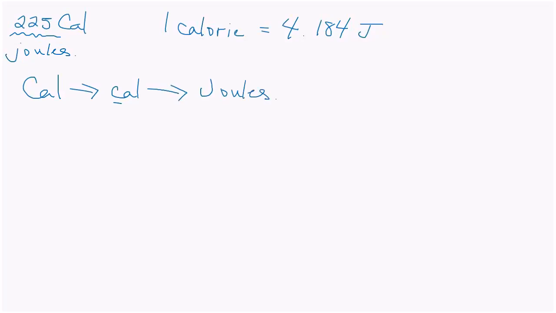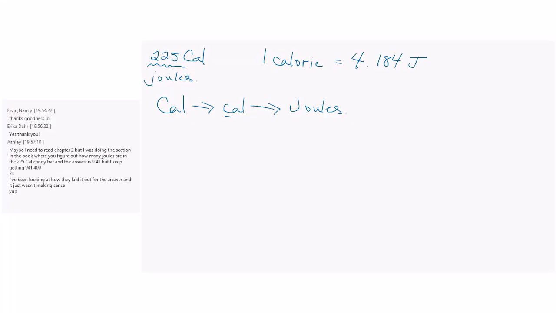Ashley, does that make sense so far? So big calories to little calories, and then little calories to joules, because we don't know how many big calories there are in joules. Great. So what I'm going to do is I'm going to do this part first. I'm going to switch big calories to little calories. And when I do that conversion, I'm going to do what's called a dimensional analysis.